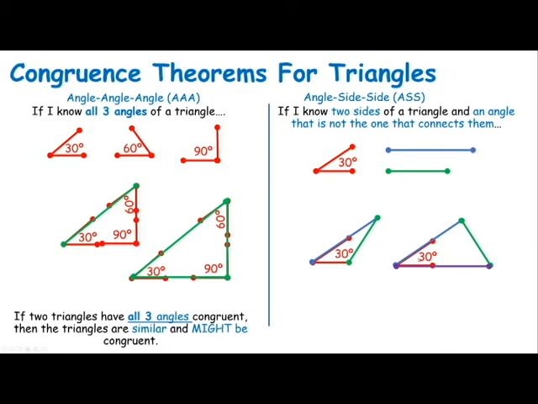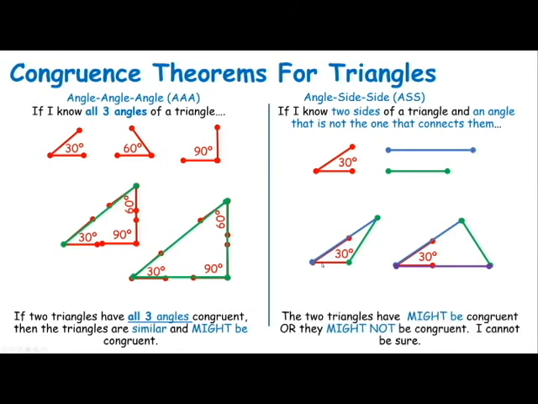Even though they both have a 30-degree angle, even though they both have a blue side that's the same length and a green side that's the same length, without knowing this angle right here, my third side could either be really long or it could be really short. The two triangles might be congruent, or they might not be congruent. If this is all the information I have, I can't tell which of the two triangles I'm looking at. I can't be sure.